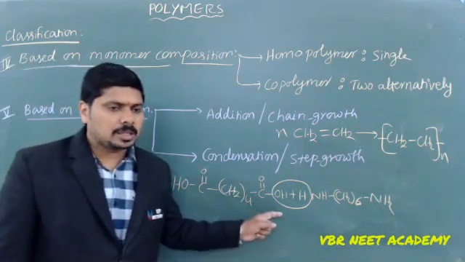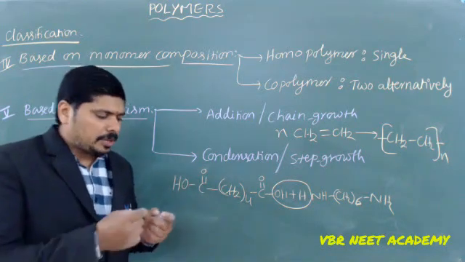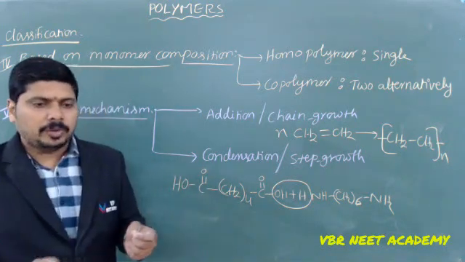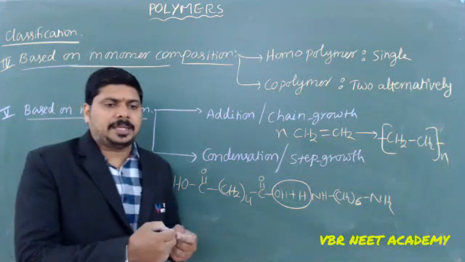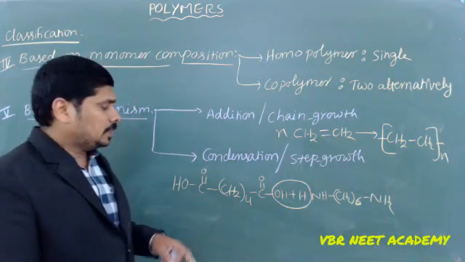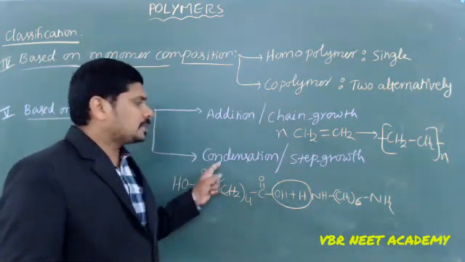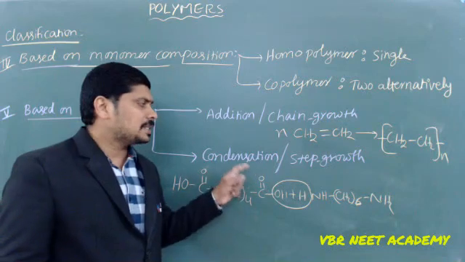Here the water molecule is lost. What is condensation? We condense something, which makes the combination of two monomeric units. Then we call that polymer a condensation polymer or step growth polymer.